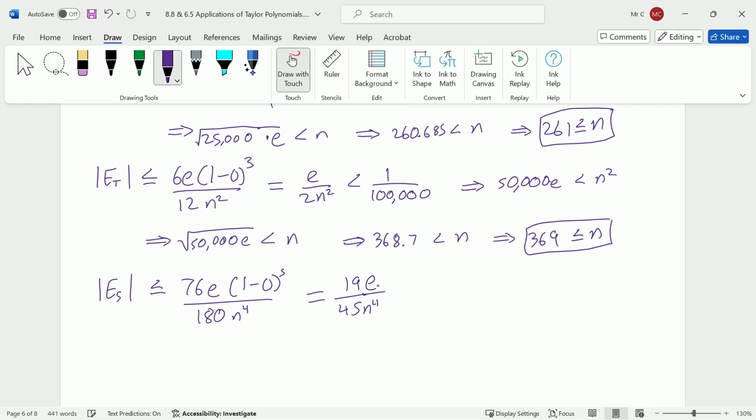And I lost my e for a second there, that should have e. Okay, so 19e over 45 n to the fourth, right? And this should be less than 1 over 100,000.